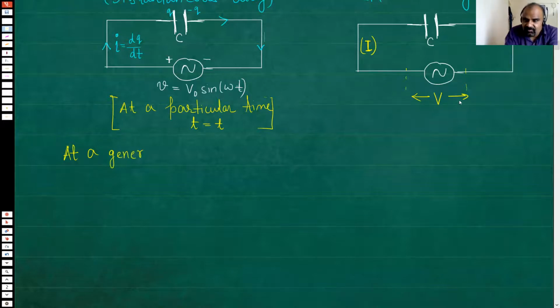Even average voltage is 0. Okay. So why am I not showing charge? Because here charge is not important. You can show charge as a capital Q, and that capital Q is the average one. However, it's not important, so I'm not showing. Okay, at a general time t, let the charge on the capacitor be small q.